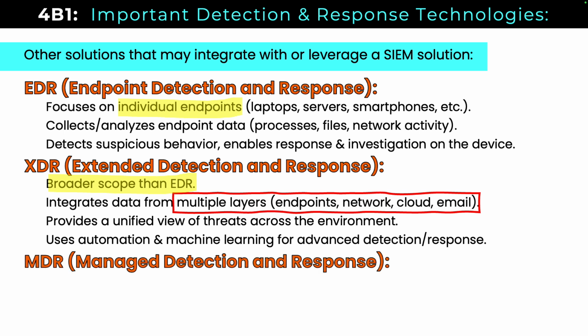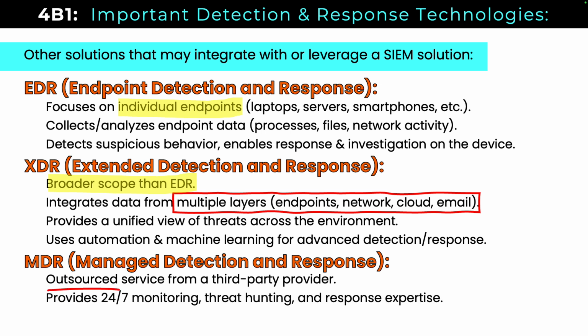And then we have managed detection and response, which is an outsourced service from a third-party provider. And these generally provide 24/7 monitoring, threat hunting, and response expertise. We'll see these commonly in small and medium businesses where it's perhaps prohibitively expensive to have a full-time staff manning that 24/7 function.